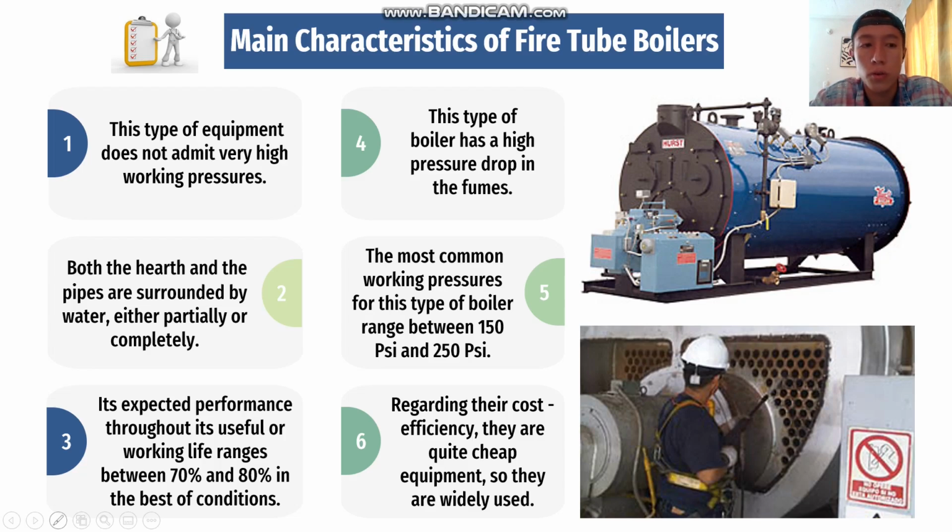The first is that the boilers are equipped to not admit very high working pressures. Second is the boiler's heat and the pressure shown by the water. Three is its performance, through which the useful working is in the range of 20 and 18% in the bags of condensation.